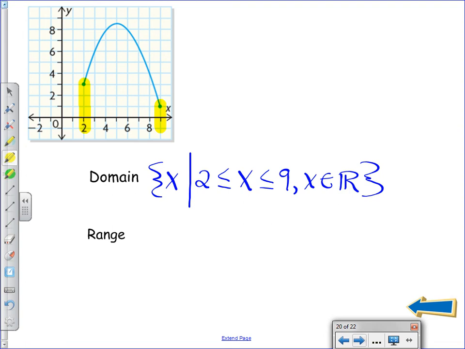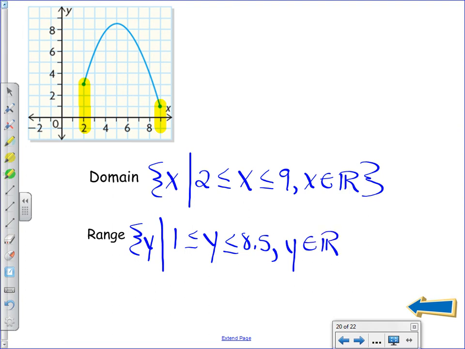Danny Ram, you're up. Element of the real.